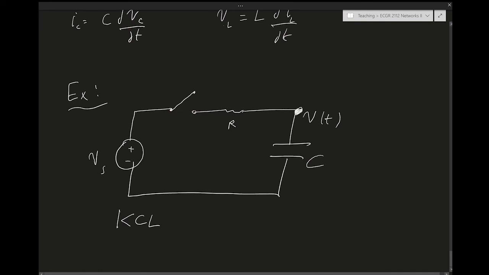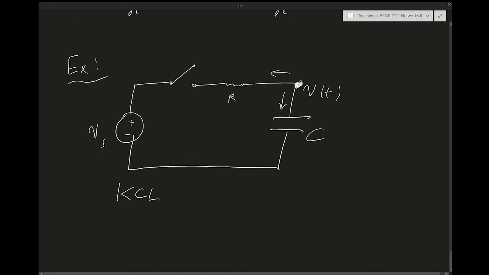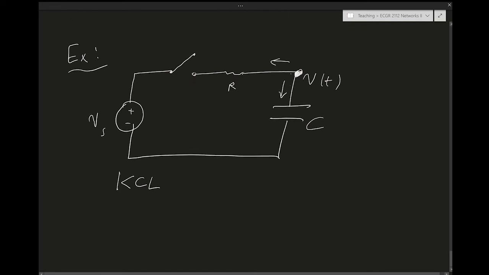So KCL implies that we need to find the sum of the currents coming out of the node. What are the currents coming out of the node? What is the current feeding into the capacitor? The current feeding into the capacitor is C dVc by dt, and then the current feeding into the resistor, of course, KCL at t larger than 0, after the moment the switch is turned on.